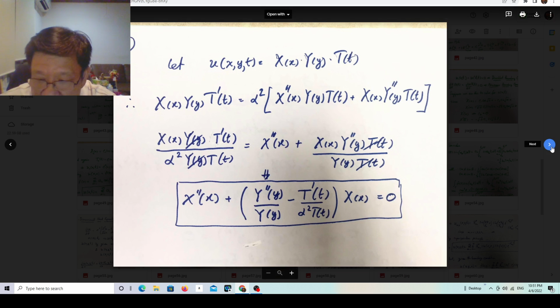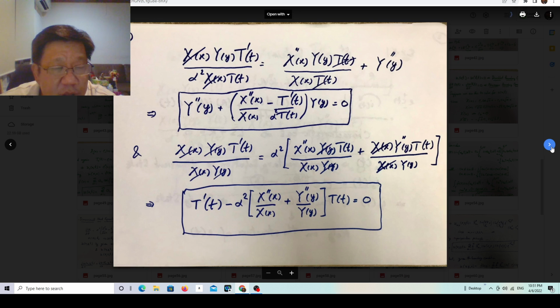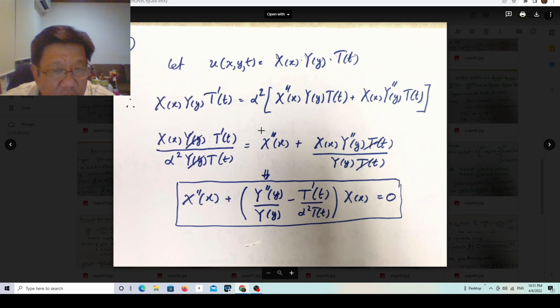And then what are we doing next? Over here we divide both sides also. Remember the original equation, where we divided both sides by it. Now we use alpha square and X of x times Y of y, dividing both sides, replacing Y of y by X of x instead.